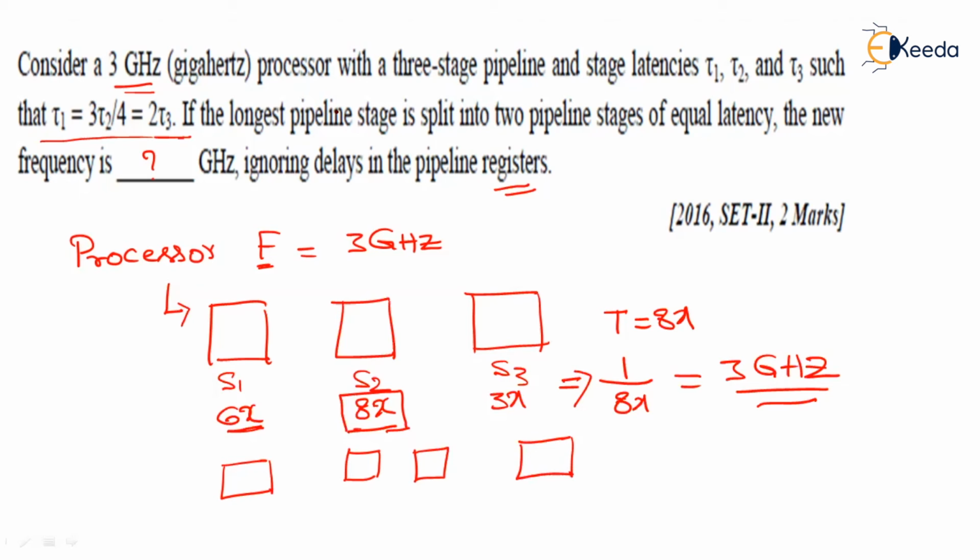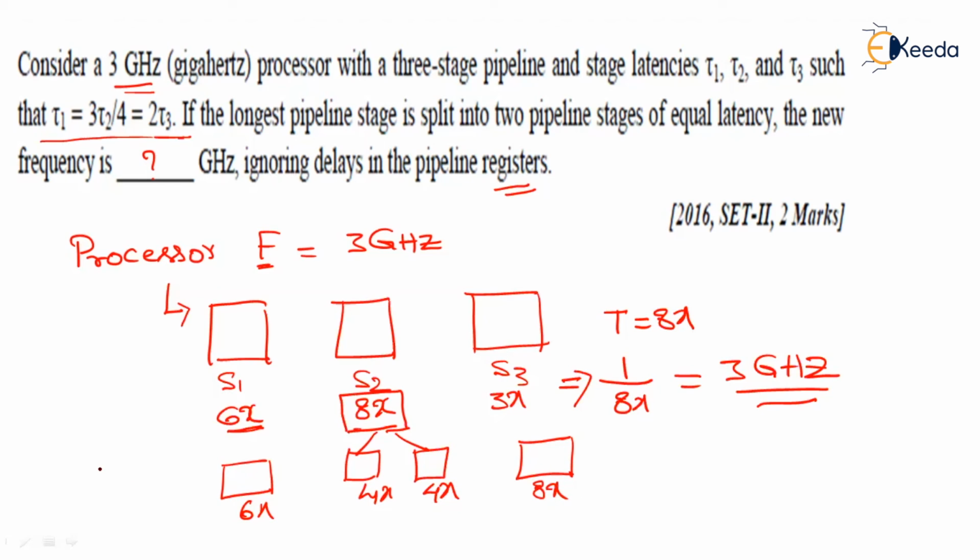The longest pipeline stage is split into 2 pipeline stages of equal latency. That is, this 8x is divided into 4x and 4x. And the first latency will still be 6x, and the final stage latency is still 3x.